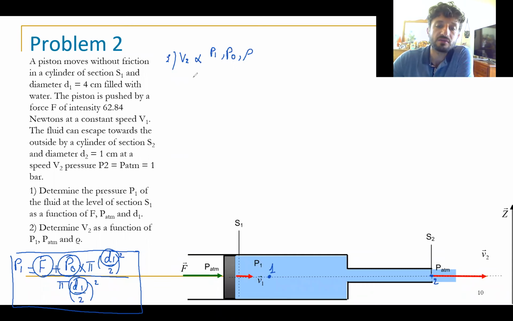We can write the continuity equation: A1 V1 equals A2 V2.